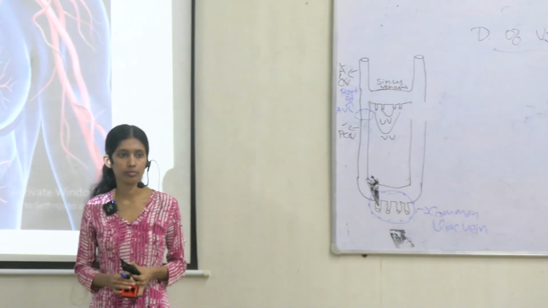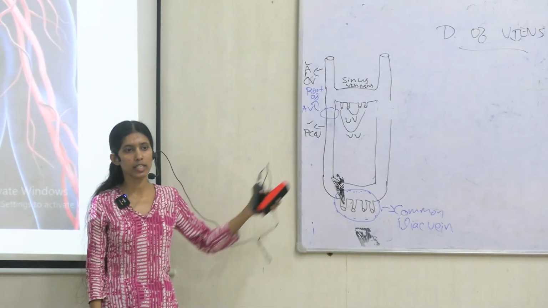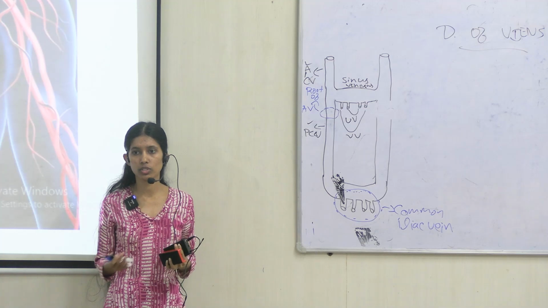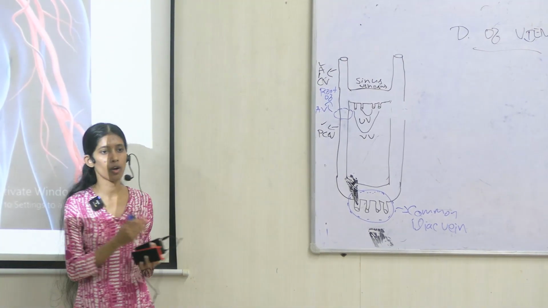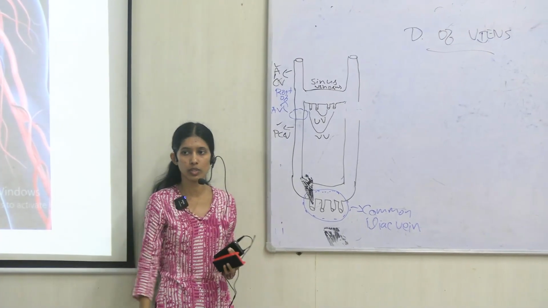Is it clear? So your posterior cardinal vein development takes place along with the mesonephrons. As the development continues, the mesonephrons will eventually disappear. So along with your mesonephrons, your posterior cardinal vein will also disappear.